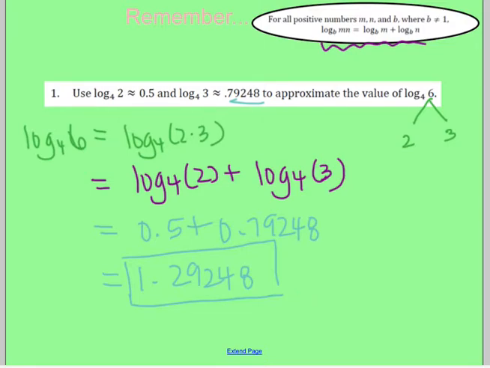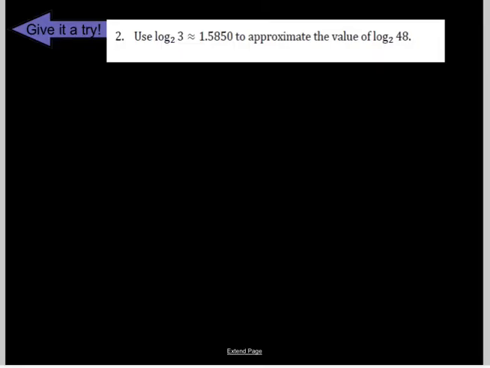Okay, let's go ahead and look at example 2. This one might be a little bit more complicated. It says use log base 2 of 3, which is approximately 1.5850, to approximate the value of log base 2 of 48. Okay, this one's different because I can't just say 3 times 16. They didn't tell me log base 2 of 16, so we have to figure out what that is.